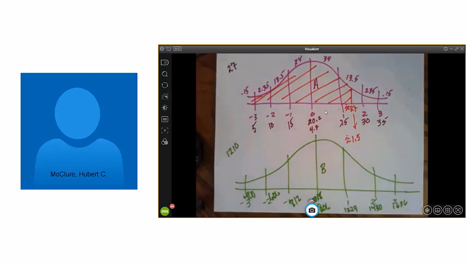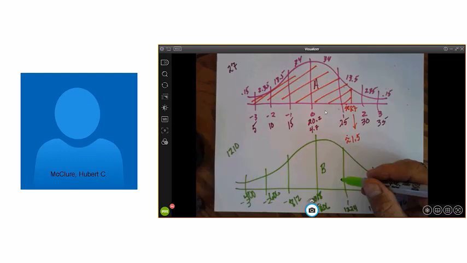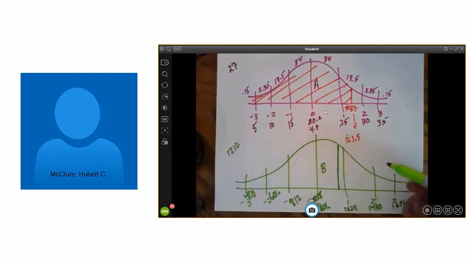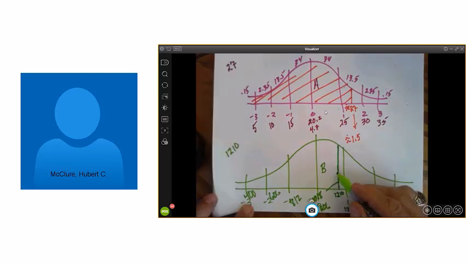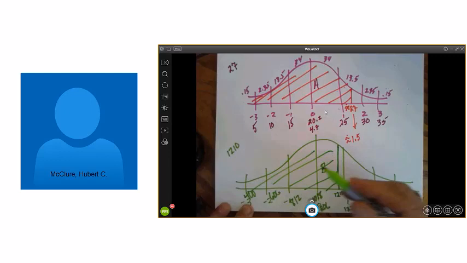And then this one is 1210, and I'm not even going to try to estimate it. I'm just going to put 1210 right here, and it looks to me like that's around 0.8ish.